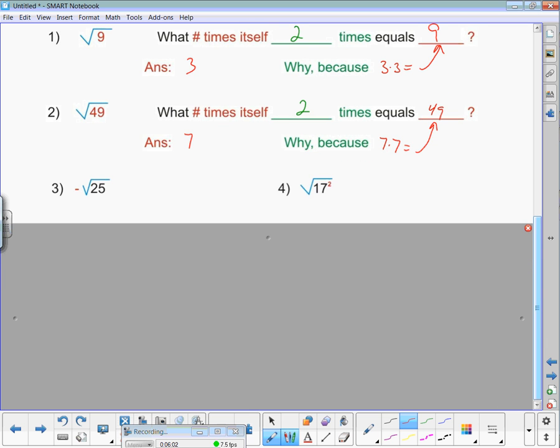All right, number 3. You be careful in something like this. In this, we've got a lead negative out in front. Now remember, this is exactly the same as a negative 1 times the square root of 25. We just don't need the 1 there, just like we don't need the 2 for the index. If there's no index, you know it's a 2. We don't need the 1 there because a negative square root of 25 is exactly the same as a negative 1 times square root of 25.